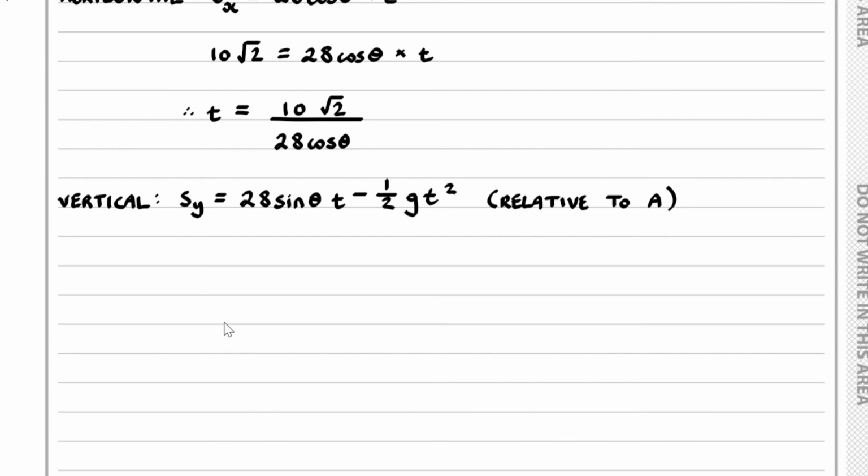So we have the condition Sy being greater than 5, and so we have 28 sine theta multiplied by t minus 1/2 gt squared is greater than 5.